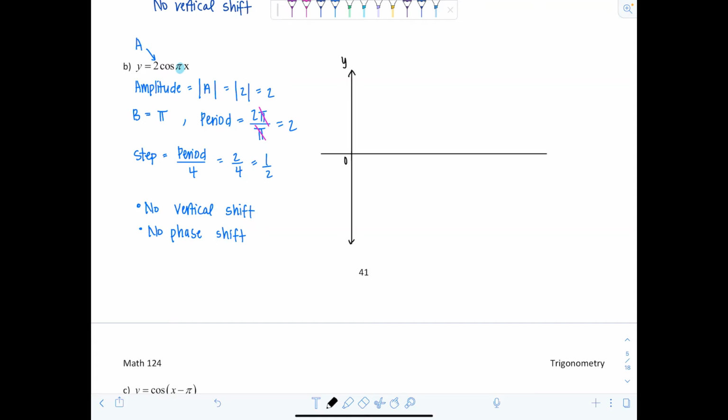Much better, okay. And then the step is 1/2. So I'm going to add 1/2, add 1/2 again, we're at 1, add 1/2 again, and add 1/2 again, and now we're at 2.